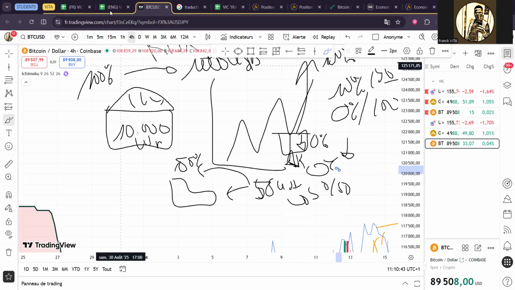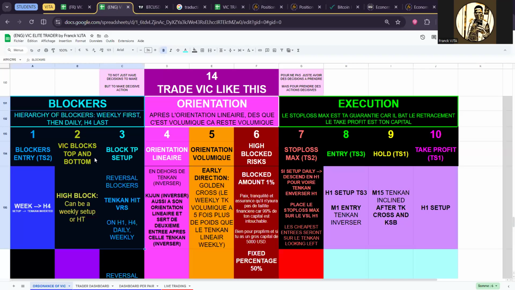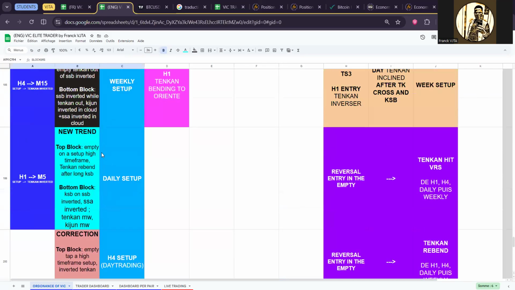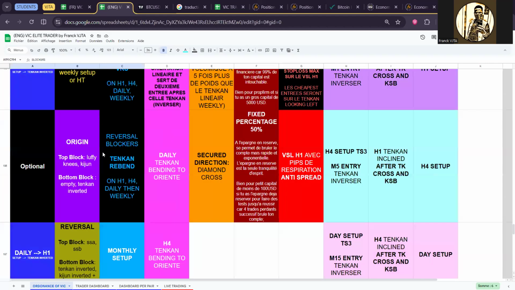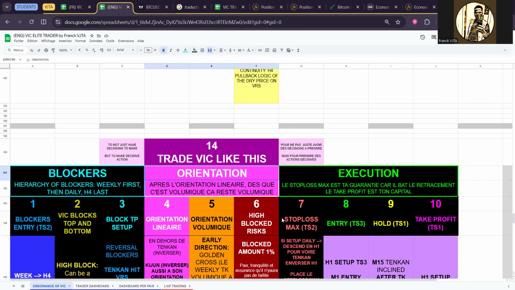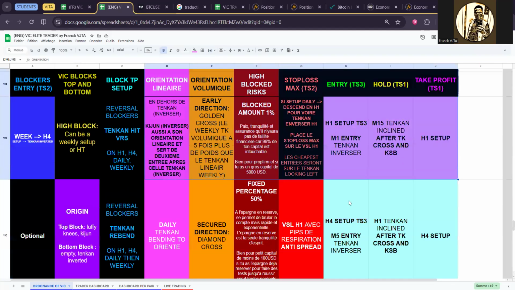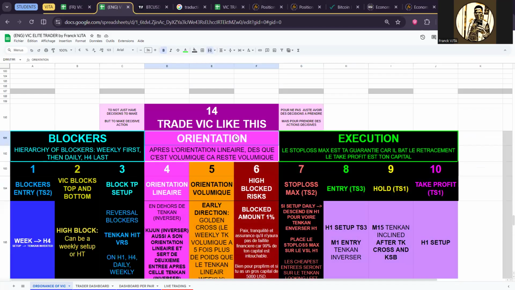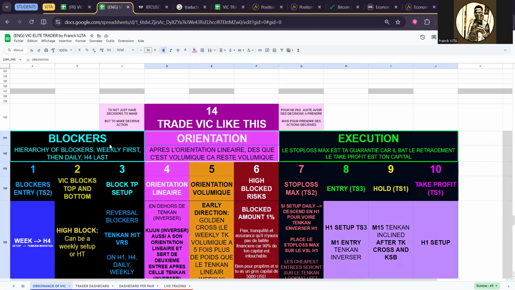And only blockers give you this ability. Blockers are the most important thing. I emphasize that. There are people who only trade with blockers, because all of the rest here will be mnemotechnic, like memorization. When I talk to you about the rest on the left here, it will just be memorization. You need to memorize execution and entry.